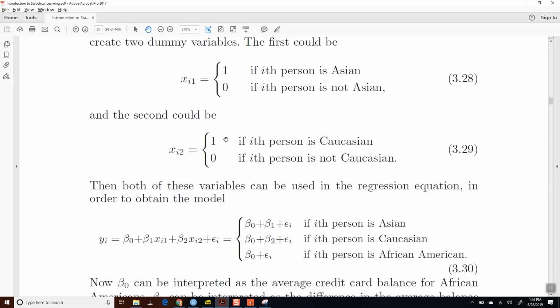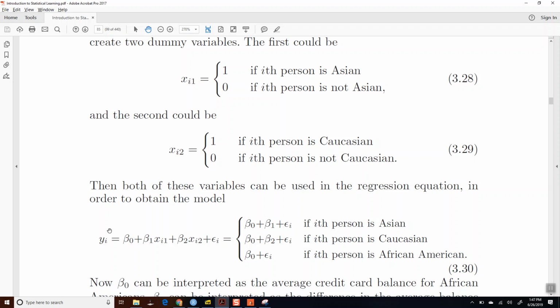Okay, so you're never going to have somebody with both an x1 and an x2, at least in this data set. We're assuming each category is separate and that there's no overlap. I mean, technically you can have people who are mixed races and things like that, but at least in this data set, every category is separate, and so each person gets a 1 in only one of the variables and zeros in the others, or in this case, if they're the default ethnic group, African American, they have a 0 for both x1 and x2.